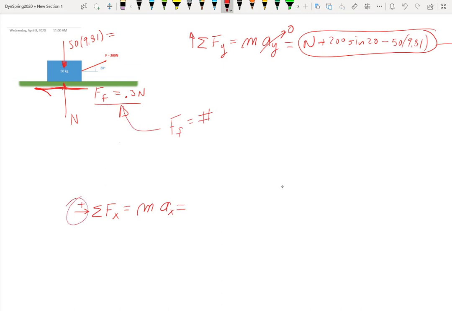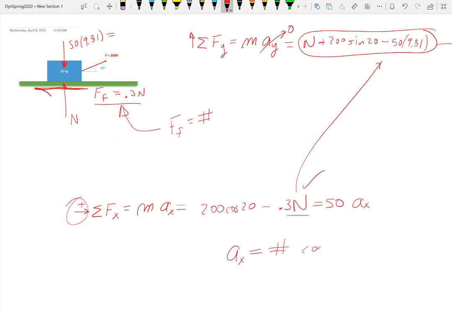If this is positive, then I have 200 cosine 20. And the only thing I have pulling it back is 0.3 times N, which I figured out from here. So that's equal to the mass of this thing, which is 50 kilograms, times the acceleration in the x. If I have this, this will be a number which is constant.